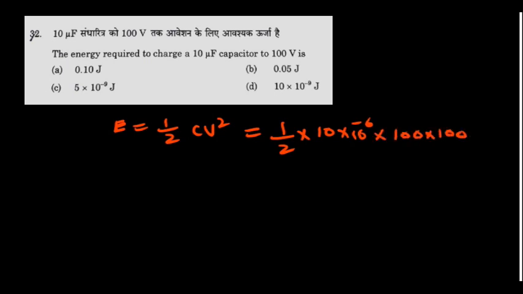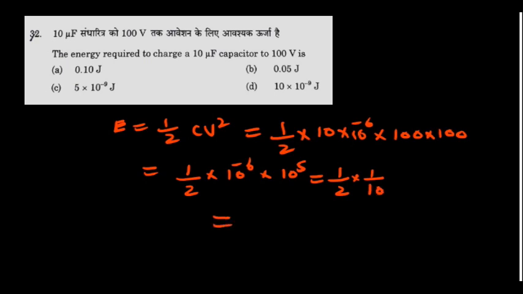So we can write it as 1 upon 2 multiplied by 10 to the power minus 6 multiplied by 10 to the power 5. Which equals 1 upon 2 multiplied by 1 upon 10. This you know: 0.5 multiplied by 0.1 is 0.05 joule. 0.05 joule is the right answer.